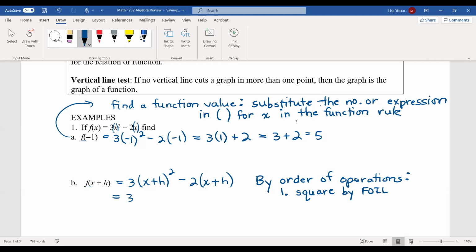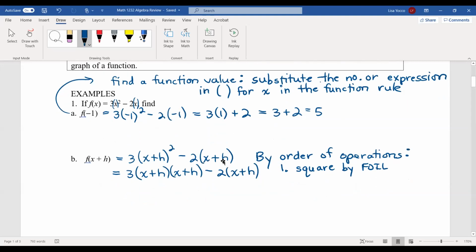So I'm going to take a minute and write that as x plus h times x plus h. Keep in mind that when I square x plus h, that's how I square it. I don't go in and square the x and square the h. There are actually four products involved with the x plus h squared.